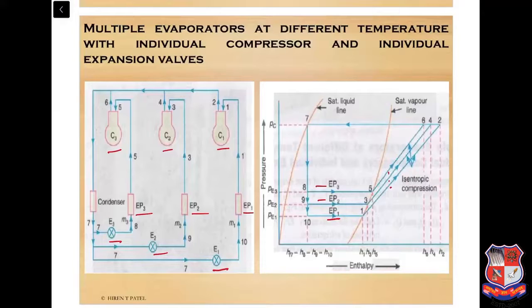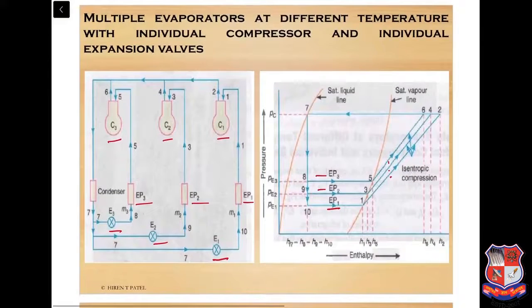So this system is utilized when the power required is low, or we require a lesser amount of material. When the evaporator sizes are small and we require a small storage capacity, then this type of system is used.